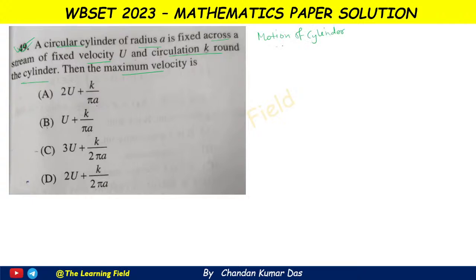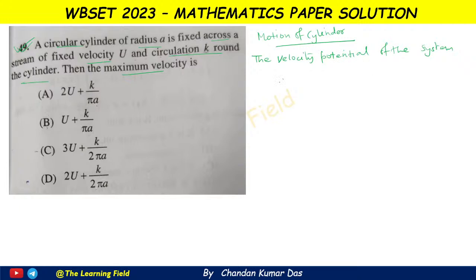If we see the solution of this problem, first we write the velocity potential of the system. There is a motion, so this is the formula, or you can say the result.